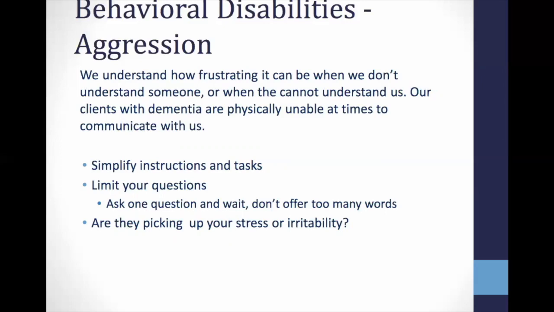And what's also really important to remember is they might be picking up your stress or your irritability as well. Yeah, dementia is tough and it tries our patience, especially with repetitive actions and questions and things like that. And we can become stressed and irritable, which they might just mirror back to us. It's really important to try and make sure that we stay in control of our feelings and our emotions while we're dealing with these people.